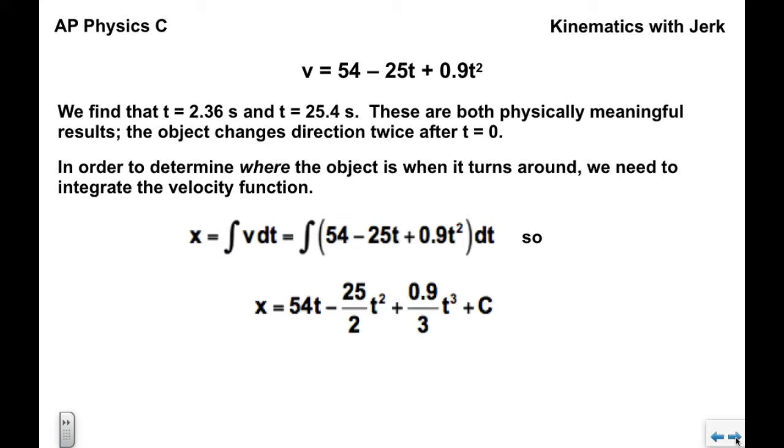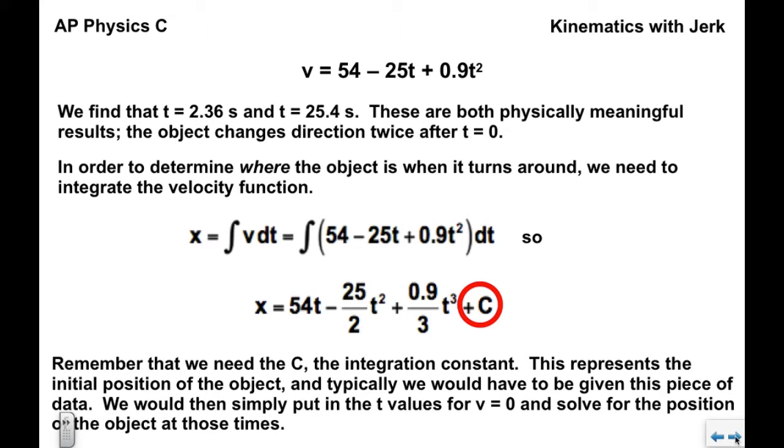Now, in order to determine where it is when it turns around, we need to integrate the velocity function. Again, we took a derivative; we'll take a derivative later. We're going to integrate this velocity function to get the position. The integral of v dt gives us the position. We take this function, add the dt, and integrate, and we get this expression here.